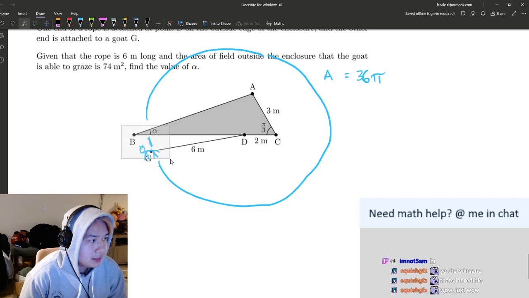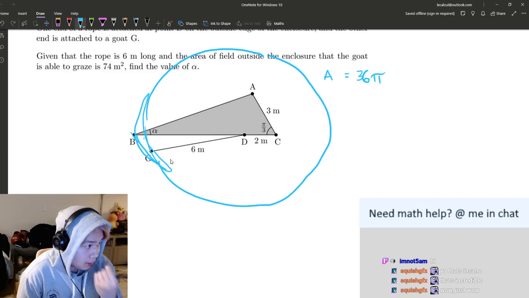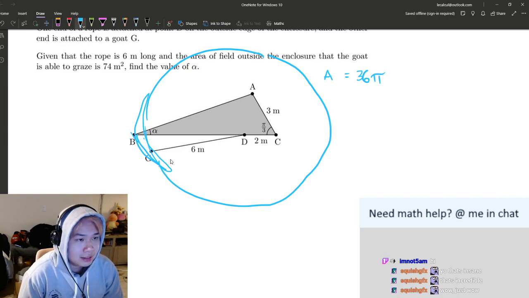See, I'm hesitant to just say that this leash exactly lines up. It doesn't even line up with the actual picture, but like, pretend it was like this. Because if that's so, then the question's easy, because then you just subtract the area of the triangle. And we can just solve for alpha that way.